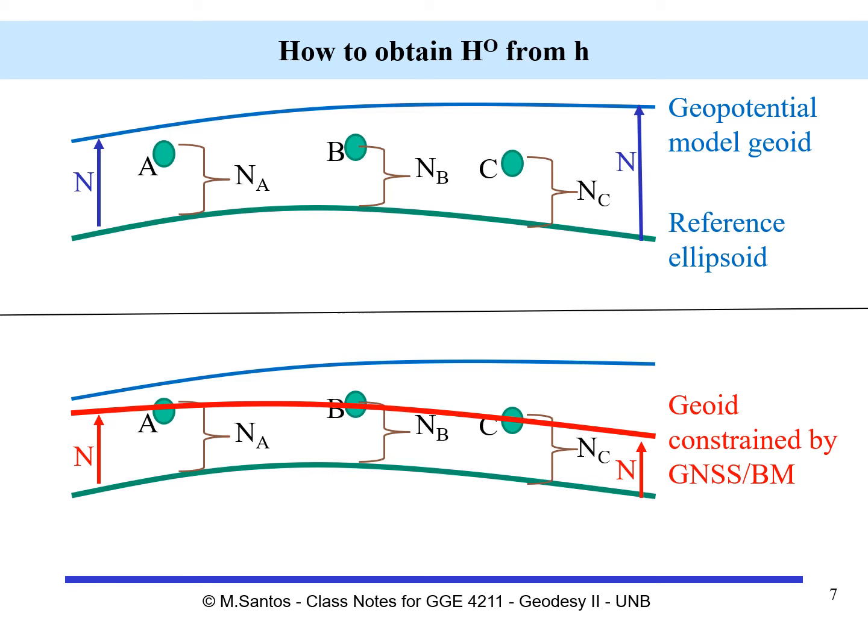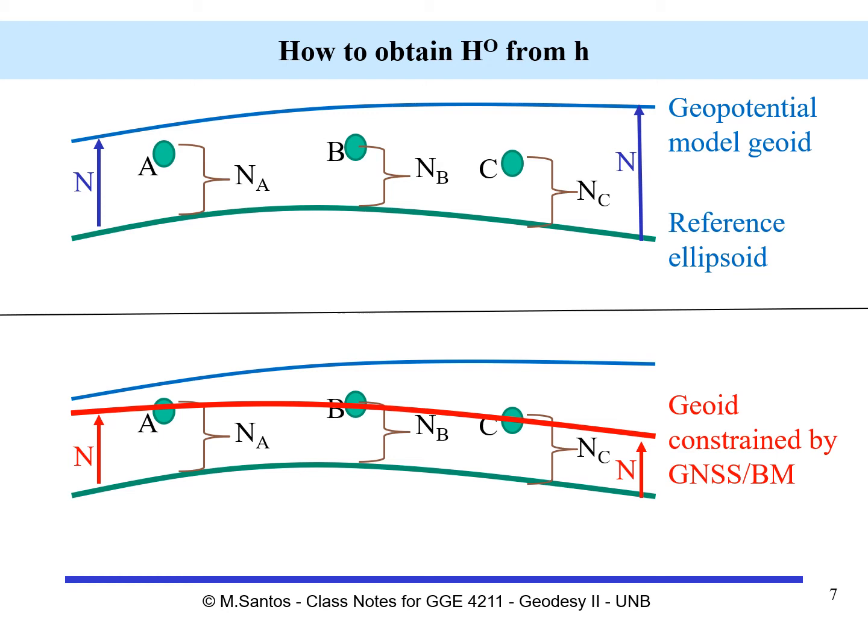In the upper diagram, we have the reference ellipsoid, and we have the geoid in blue that is derived from the geopotential model. Now, what we have also are these green circles. They represent the benchmarks, which means that we have point values for these benchmarks: NA, NB, and NC.